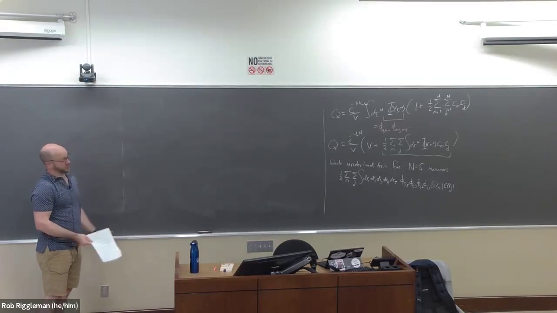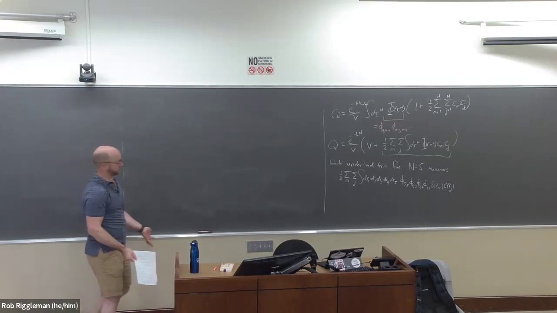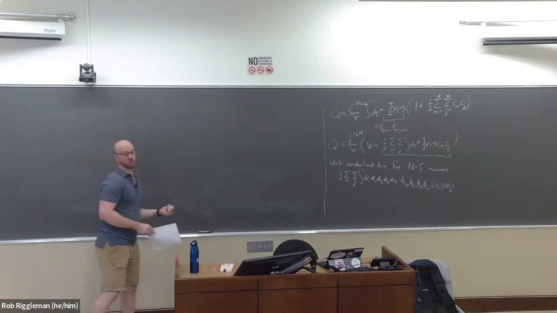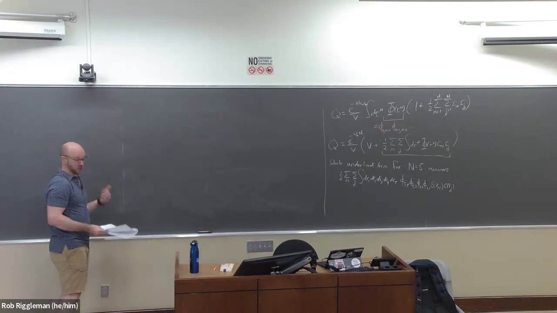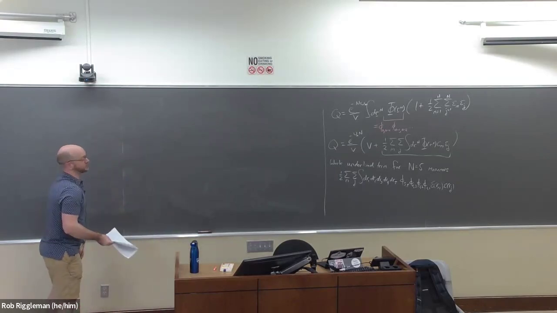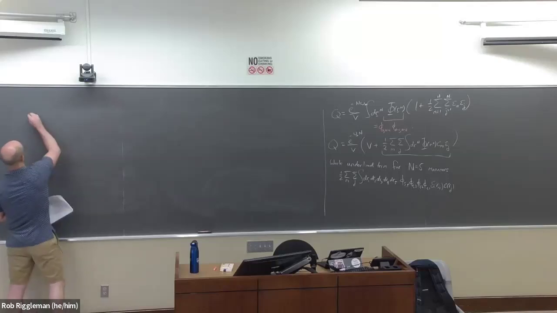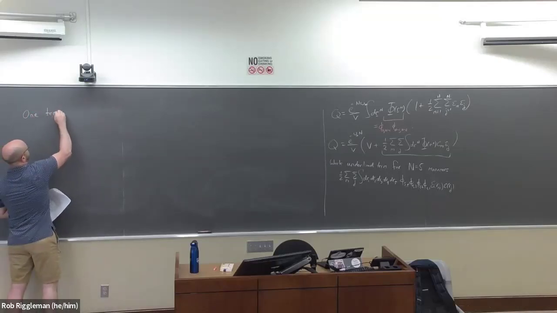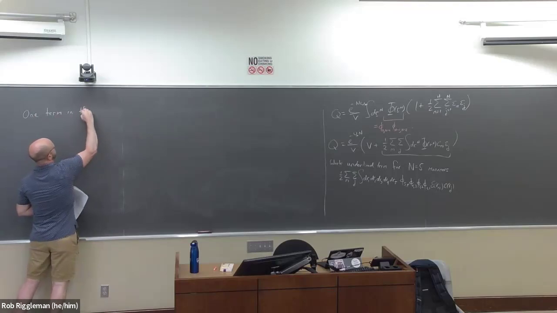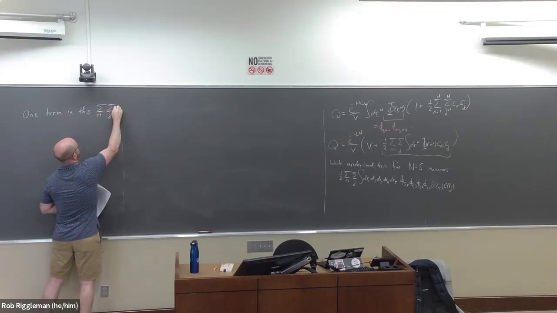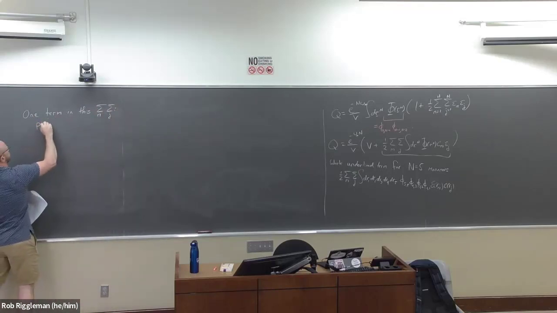All right. And so again, we still have something that's kind of messy because we have this stupid double sum. So I'm again going to pick out one of the terms from this double sum, and we're just going to solve that because that will simplify it to the point where we can actually at least argue for the pattern. All right, so one term in the double sum. Again, I'm just sort of arbitrarily picking things.